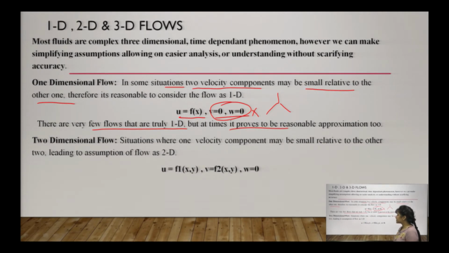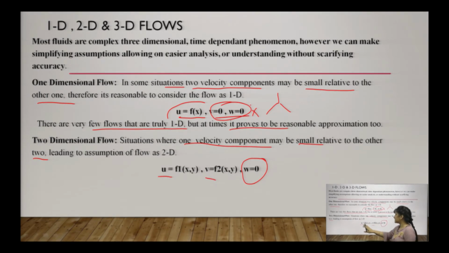Coming to the two dimensional flow, where one velocity component may be small relative to the other two. In the previous one, two velocity component values were small relative to the one, so we neglected these two and treated it as one dimensional flow. Coming to the next category, here one particular velocity component is smaller with respect to the velocity components in the x direction and y direction.